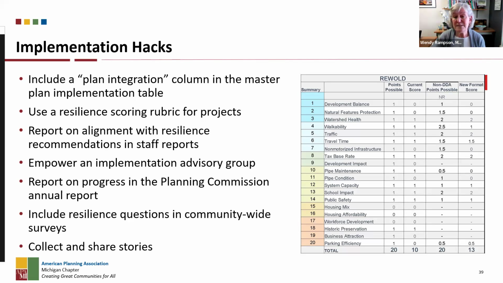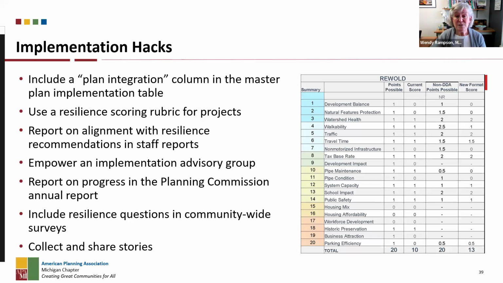Empower an implementation advisory group. So a couple of the plans that I have worked on in the past, we were able to recruit some members from the Citizen Steering Committee when the plan was completed to meet annually to review implementation of the plan recommendations and then report to the Planning Commission. So that may be one way to keep things at top of mind.